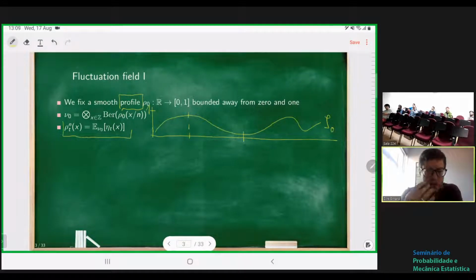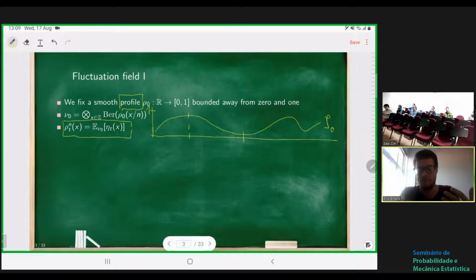Once you have this, the typical behavior is given by this function rho t n of x, the expected number of particles you find at a certain location at a certain time. And what you can now do is to study its fluctuations around this function.